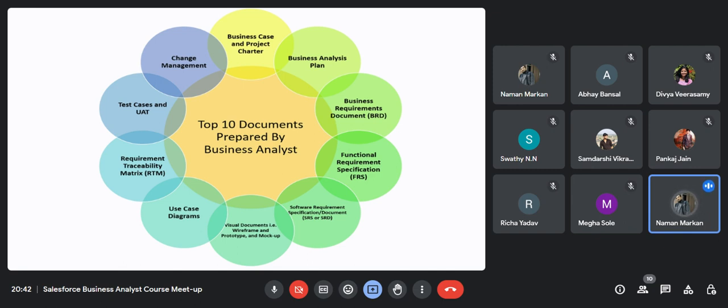Then we have a similar kind of document, which is SRS, not FRS. SRS is related to software requirements, because we are going to use multiple software tools to build or complete a particular process. In the software requirement specification, we ensure that a particular software has a full specification to build a particular process on it.